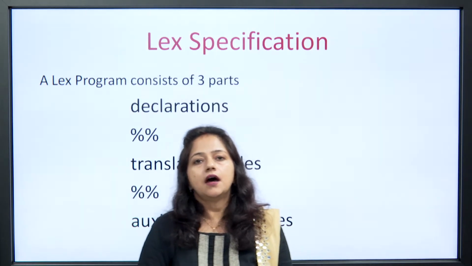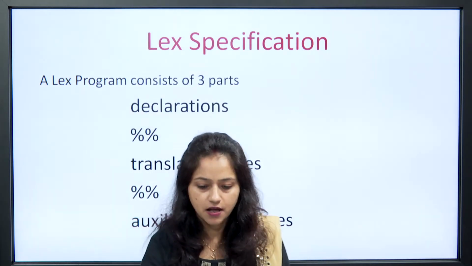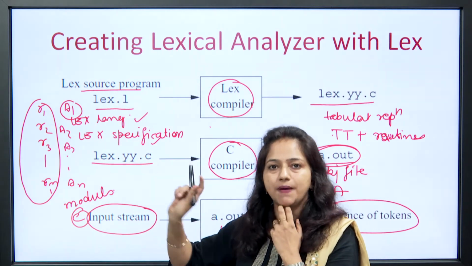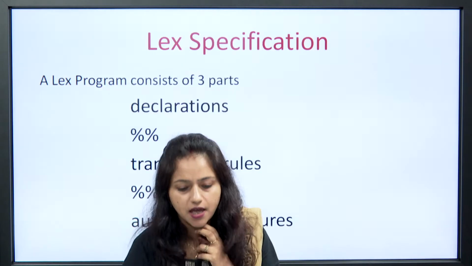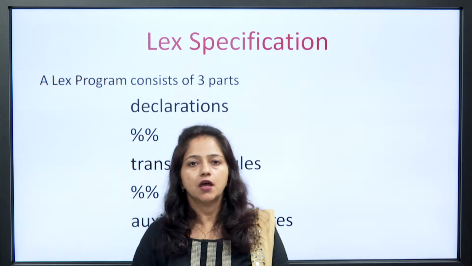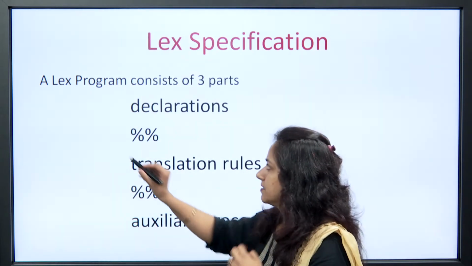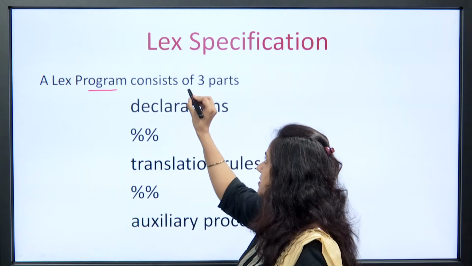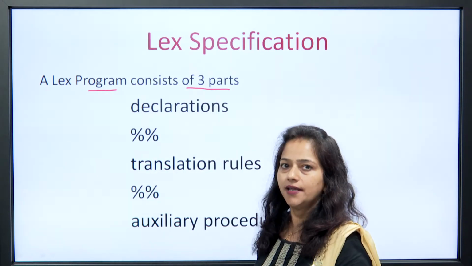Now, I talked about writing the program using the Lex specification. Next we will see how we write the Lex specification. Basically, the source program is the Lex program, and it consists of 3 parts. What are the 3 parts?